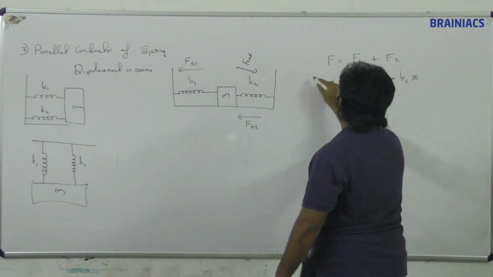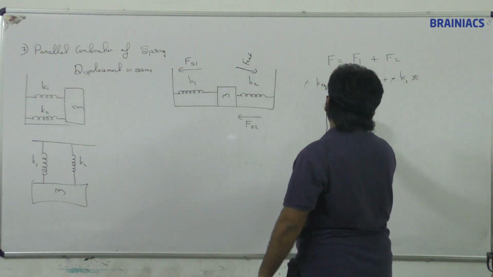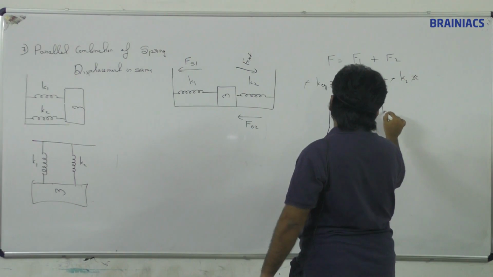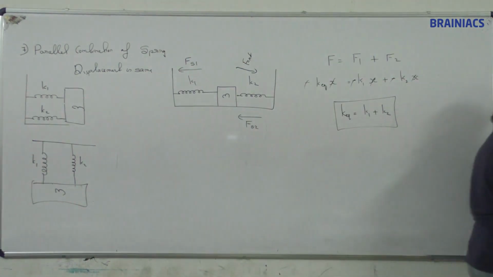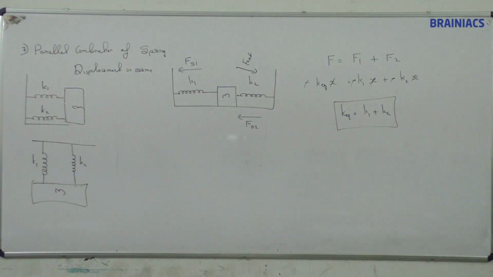Everything cancels, and K equivalent is equal to K1 plus K2. So for parallel combination, it is just like capacitors.